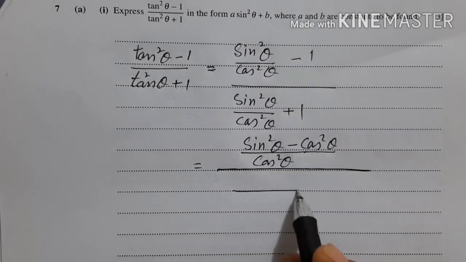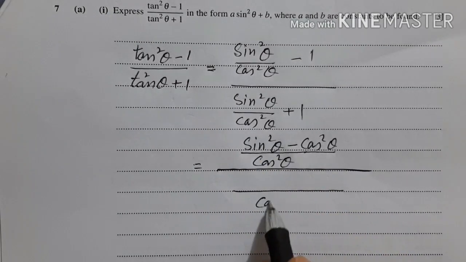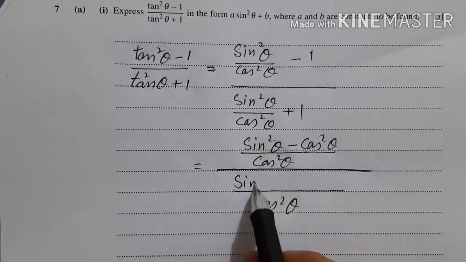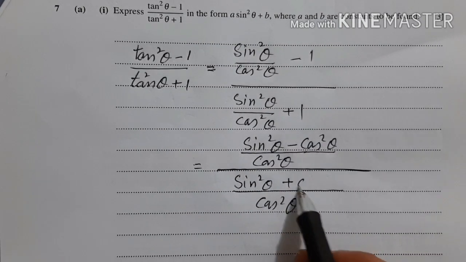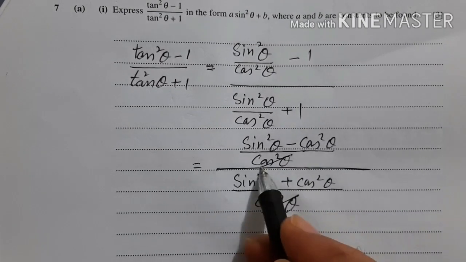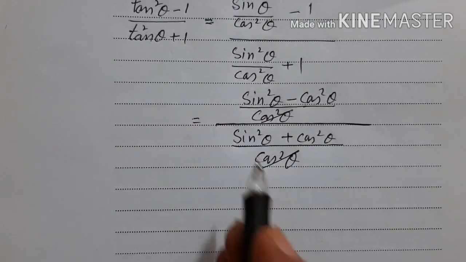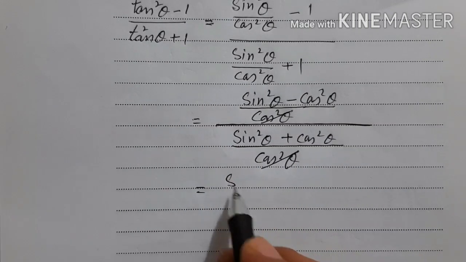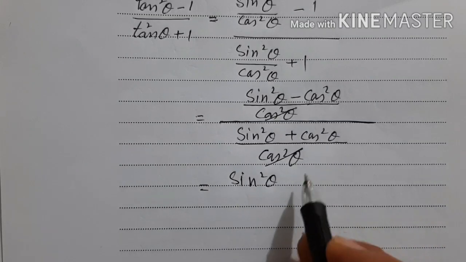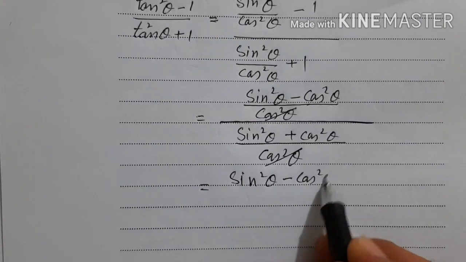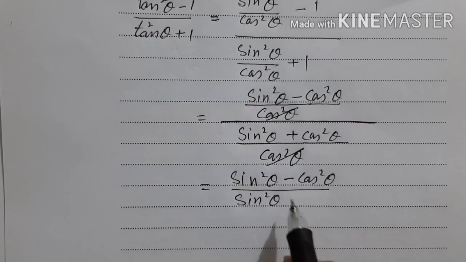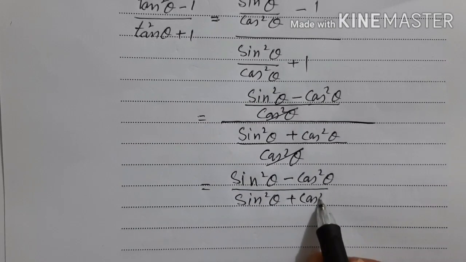The LCM of the lower part, again cos square theta, and this will become sine square theta plus cos square theta. So this cos square theta will be cancelled with this cos square theta, and we're left with sine square theta minus cos square theta over sine square theta plus cos square theta.